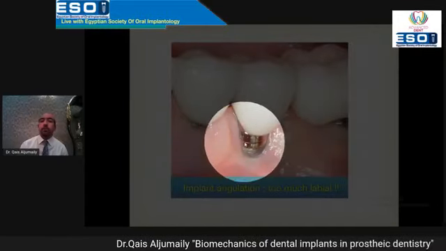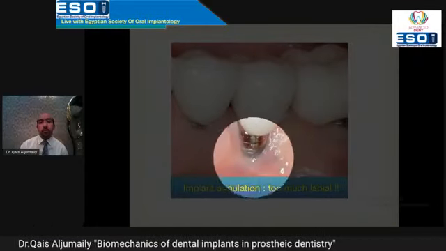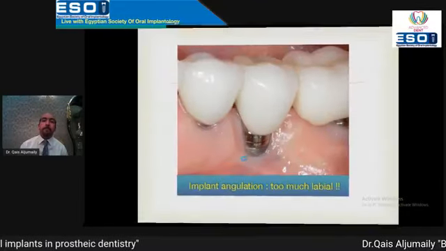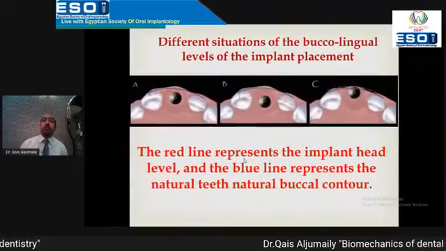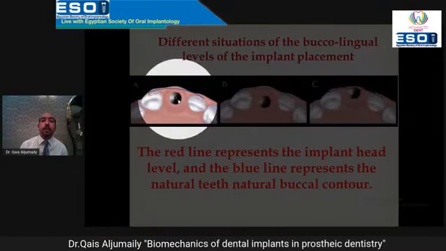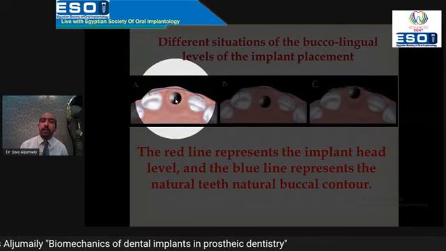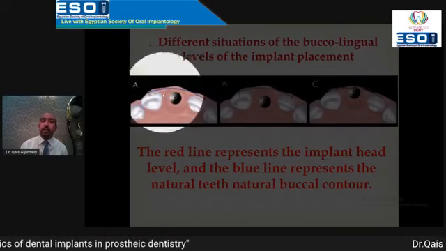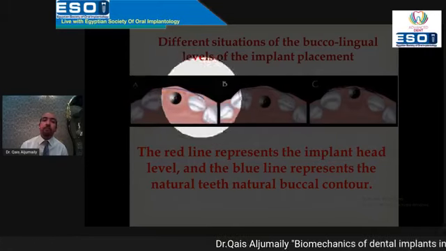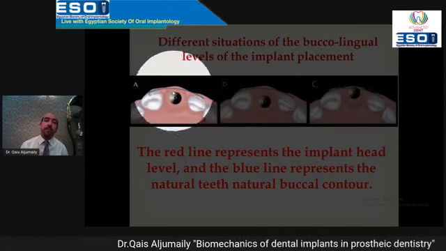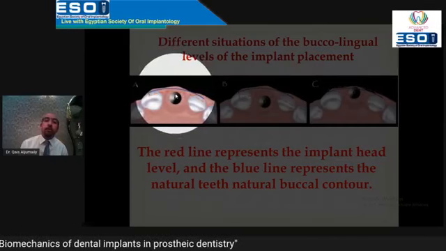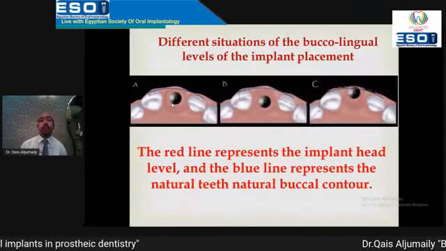Here we have bone resorption, soft tissue recession and metal display. So the principle is to centralize our implant placement compared to the adjacent teeth. We have to draw a curved line touching the labial surface of the adjacent teeth, and go about 1 to 2 millimeters palatal to it.